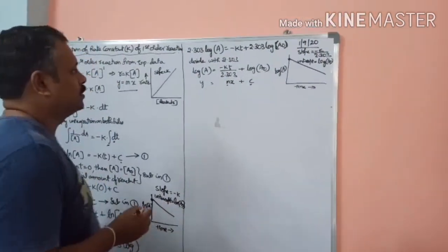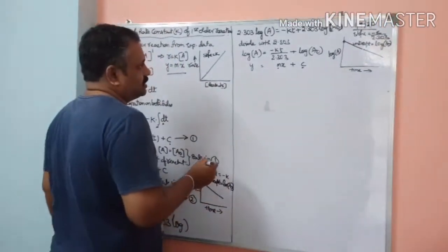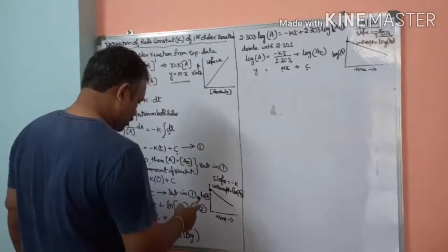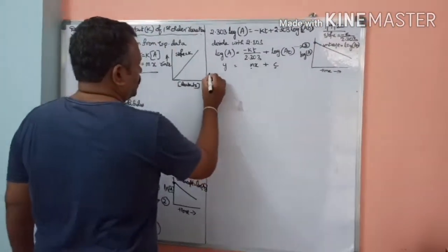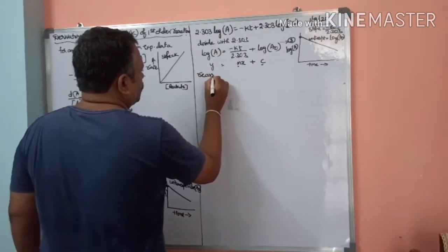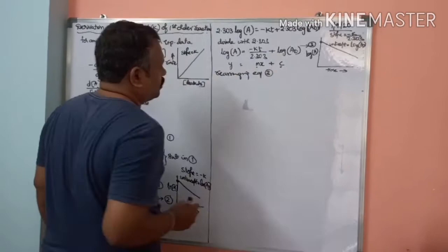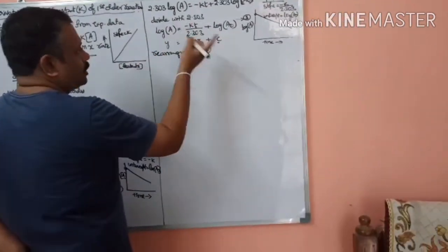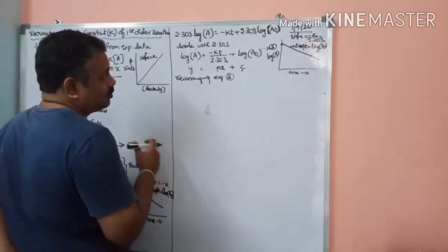Okay. Now, carrying further, let us rearrange this equation. Let us mark this as 3. So rearranging equation 3, what do we get? I put all logarithmic terms on one side and kt by 2.303 on one side.